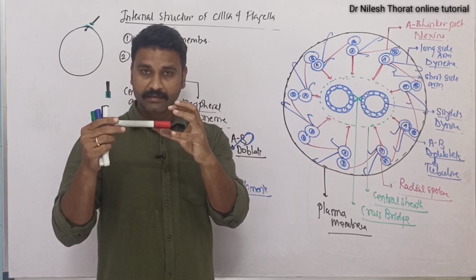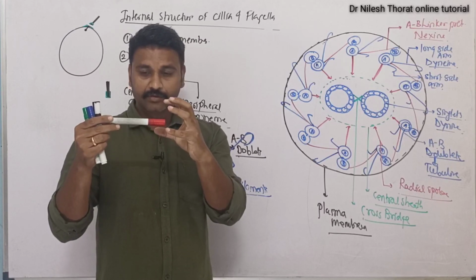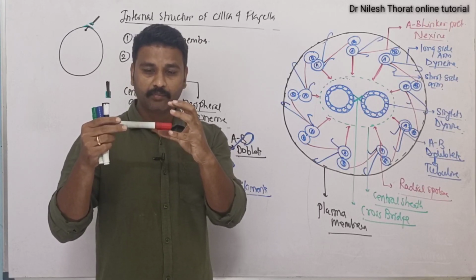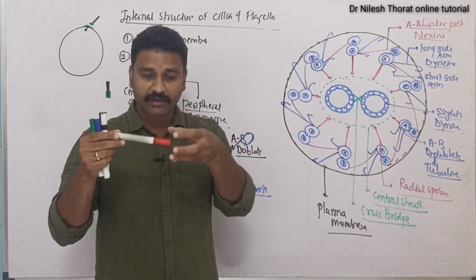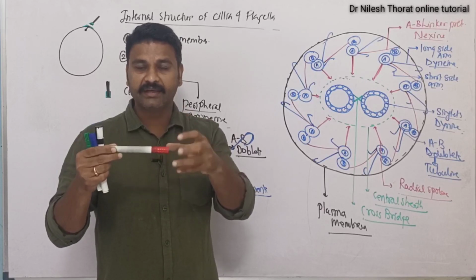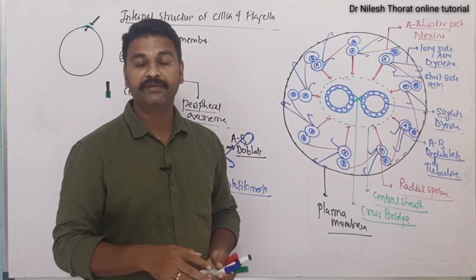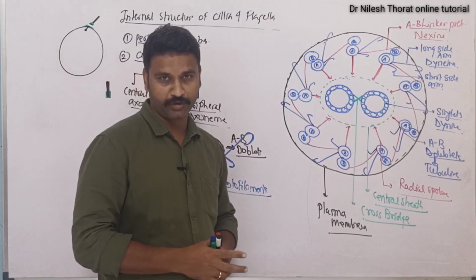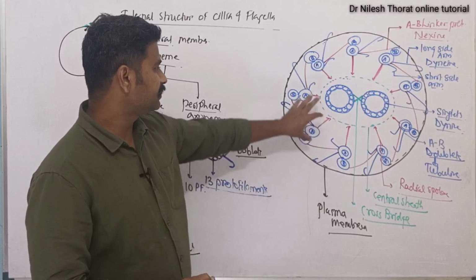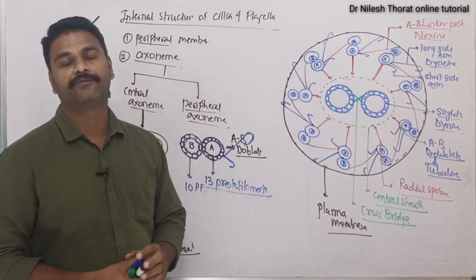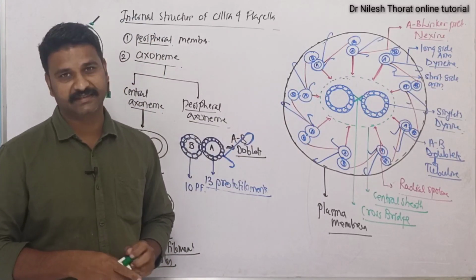Now just like an axle of a car, the central axle will move and the movement of the central axle will also rotate the peripheral part. So in this way the cilia and flagella will show a rolling type of movement which will be responsible for locomotion of the organism. So this is how the cilia and flagella are functional inside the cell.